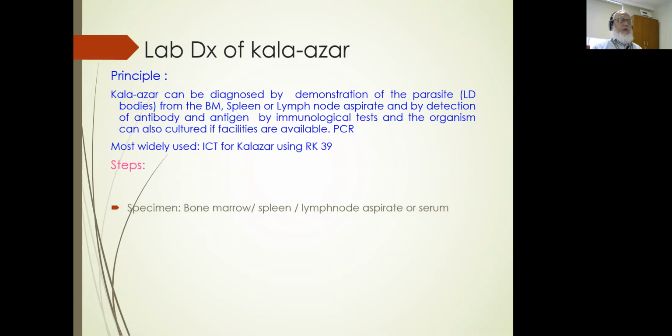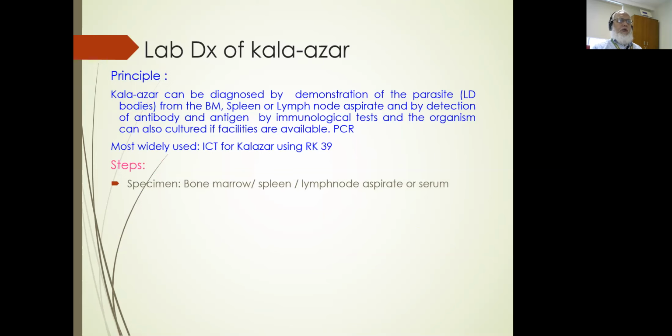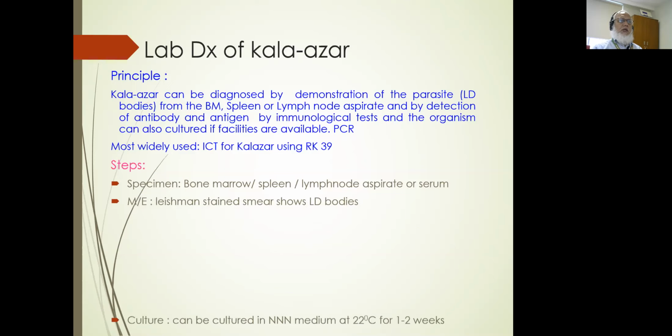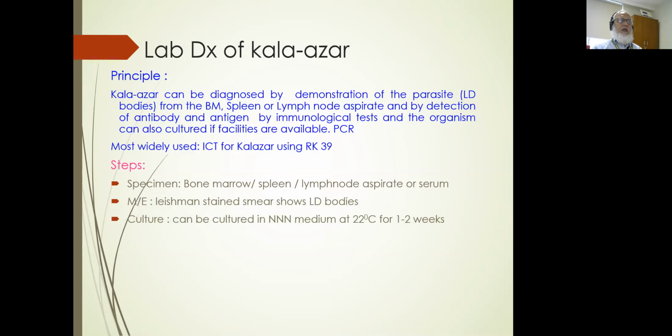What are the steps? A specimen is very important here. You will have to take bone marrow, spleen, or lymph node aspirate, or serum for immunological test. Microscopy: Leishman stain smear shows the LD bodies, and you will have to examine at least 1,000 fields before saying it is negative.